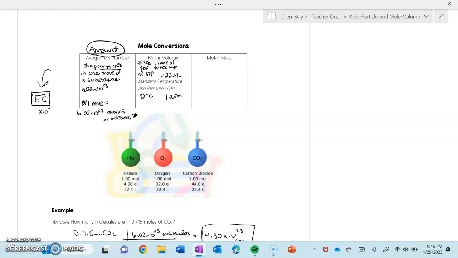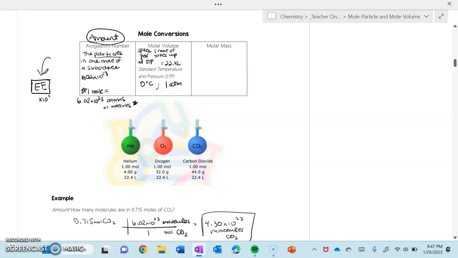We haven't talked much about the units of pressure, but atmospheres are referring to the force that pushes down in a regular atmospheric pressure. So 1 atmosphere is considered our standard pressure. So if your conditions are 0 degrees Celsius and 1 atmosphere pressure, then you can be assured that 1 mole equals 22.4 liters of that particular gas.